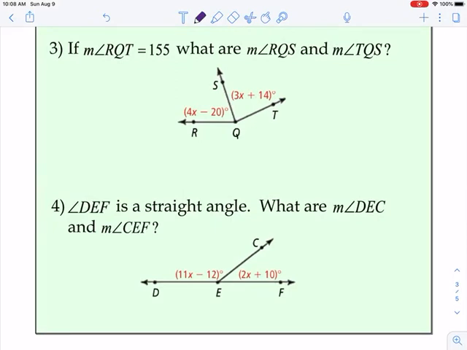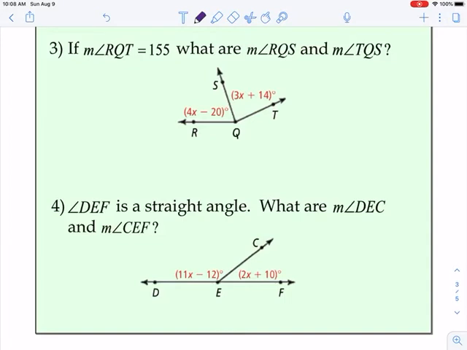For number 3, if the measure of angle RQT is 155, what are the measures of angle RQS and the measure of angle TQS? So if I take those 2 angles and add them together, they're going to have to give me my total of 155.